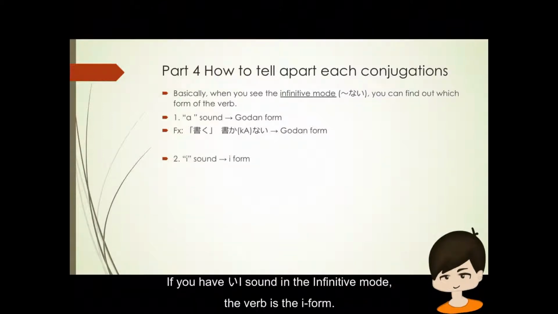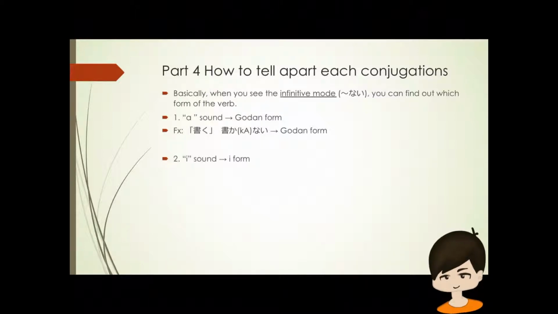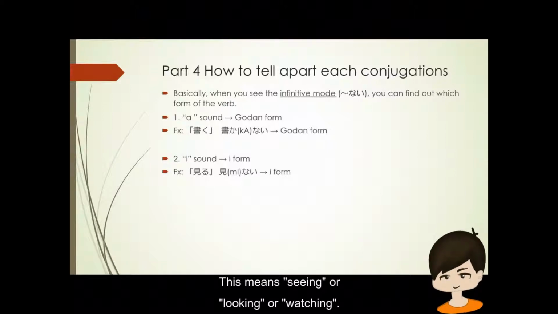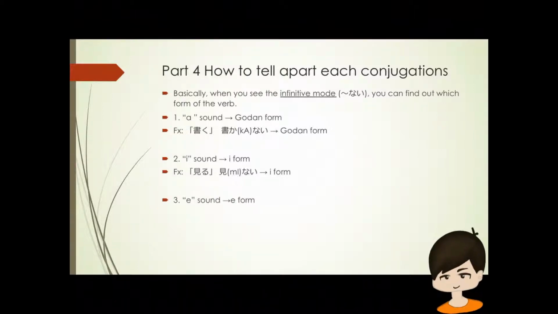Second, if you find I sound in the infinitive mode, the verb is I form. For example, 見る. This means seeing or looking or watching. The infinitive mode is 見ない. So, this is the I form. The last one.